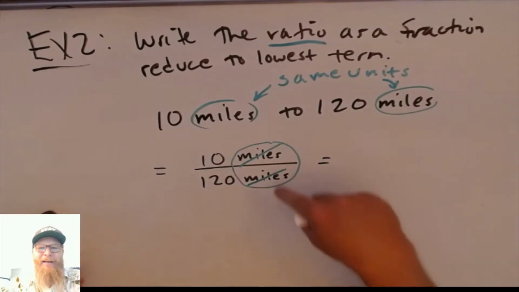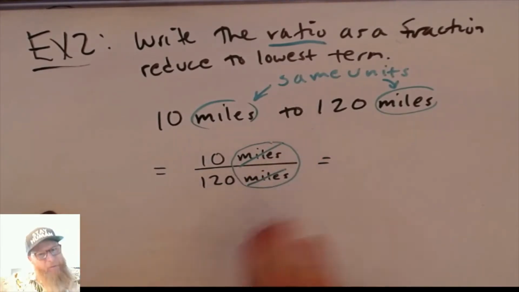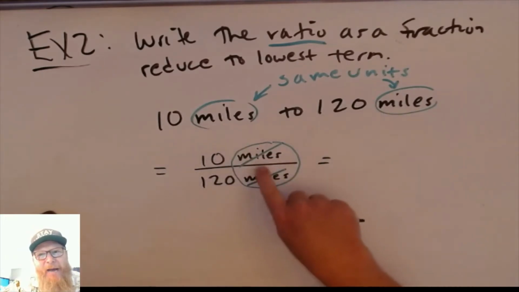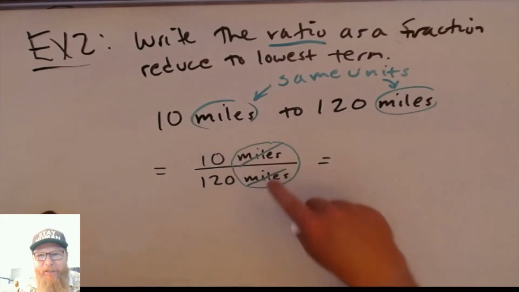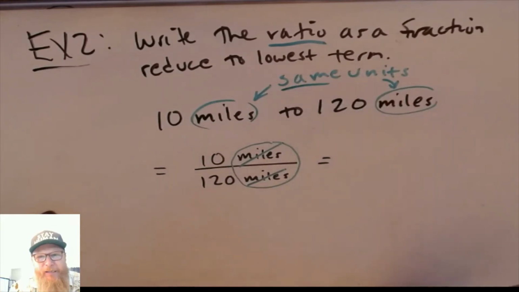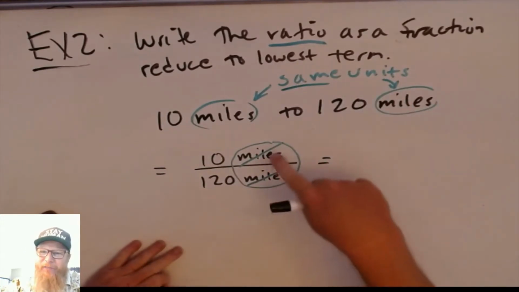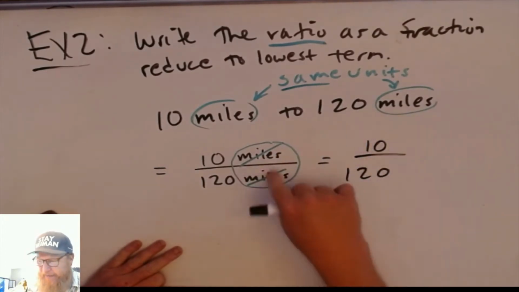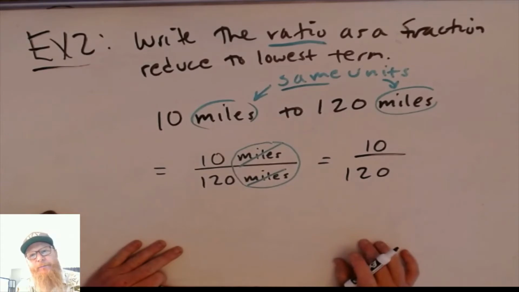If you had 5 over 5, that would be 1, right? You would cancel that out. And so this is always going to happen with ratios because ratios will always have the same units, and so they will always cancel out. In fact, oftentimes we just skip this step because we know that it's going to end up canceling out.